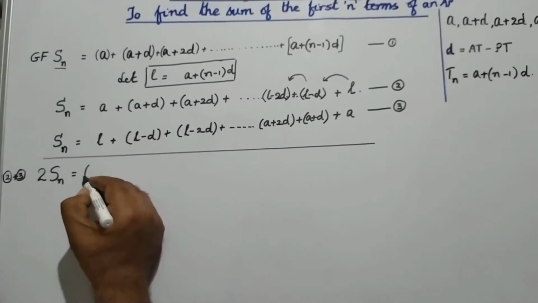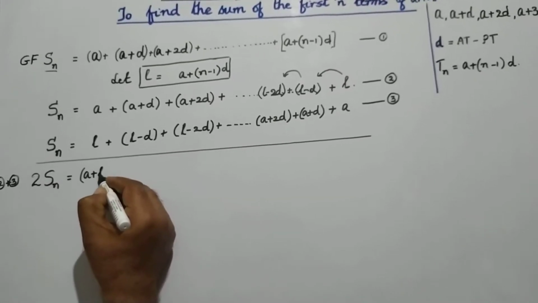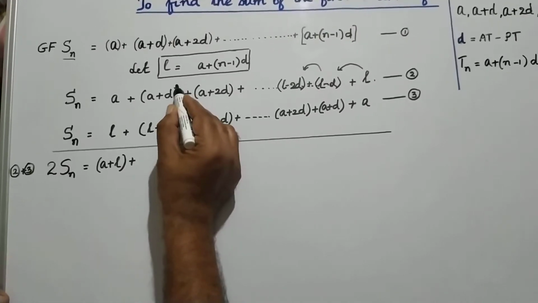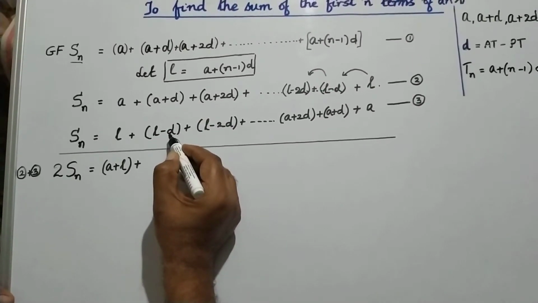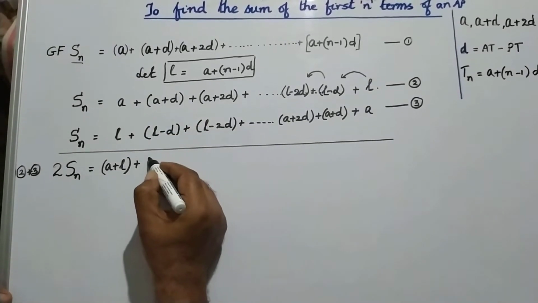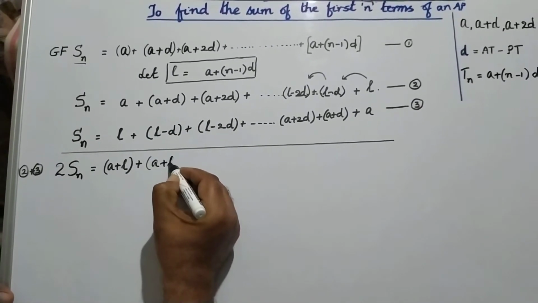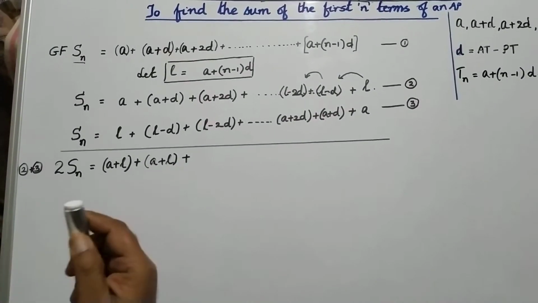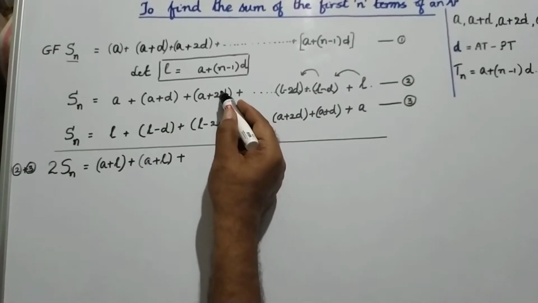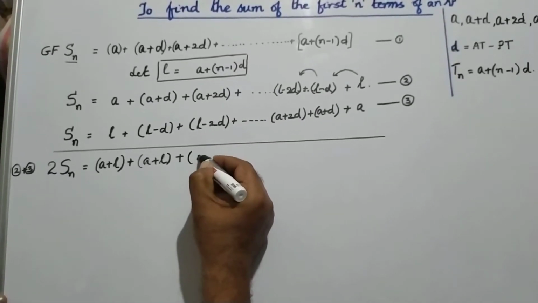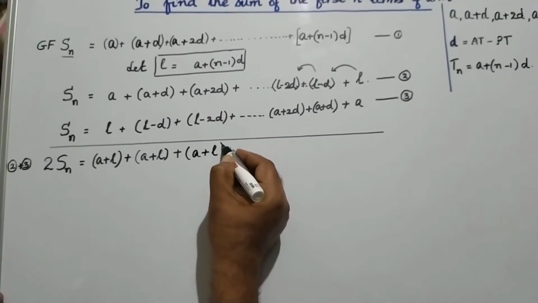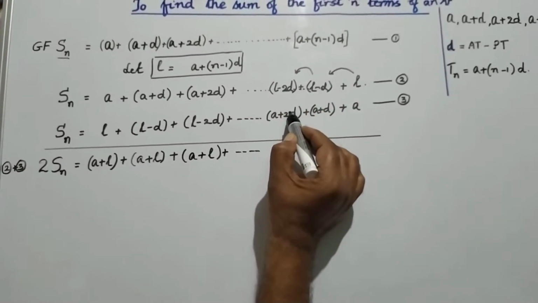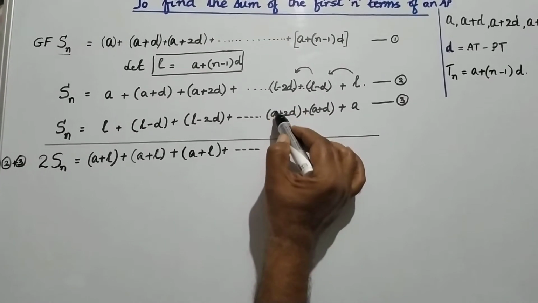A and L, if I add, I'll get A plus L. A plus D and L minus D, if I add, plus D minus D mutually eliminate, I'll have A plus L, plus, if I add A plus 2D and L minus 2D, plus 2D minus 2D cancels, I'll have A plus L left. That continues. If I come here, minus 2D plus 2D cancels, I'll have L plus A.